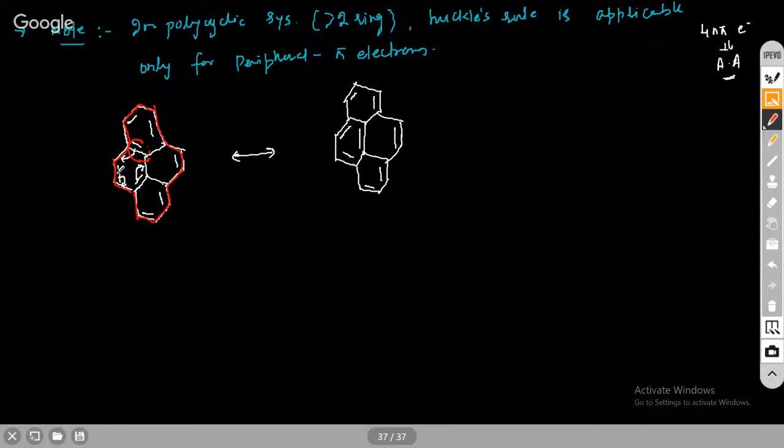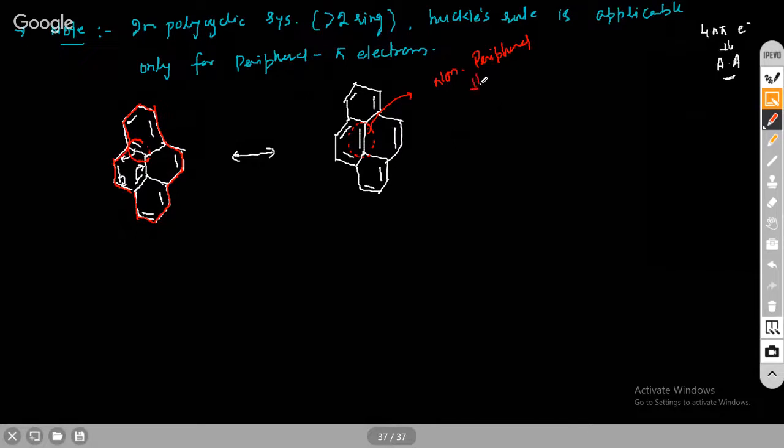So 2, 4, 5, 6, 7. Right, 7 into 2 is 14, which is true for this. In this molecule, in the resonating structure, this pi electron which is in between is non-peripheral. So out of 8 pi bonds, 1 pi bond you don't have to consider. We consider only 1, 2, 3, 4, 5, 6, 7.